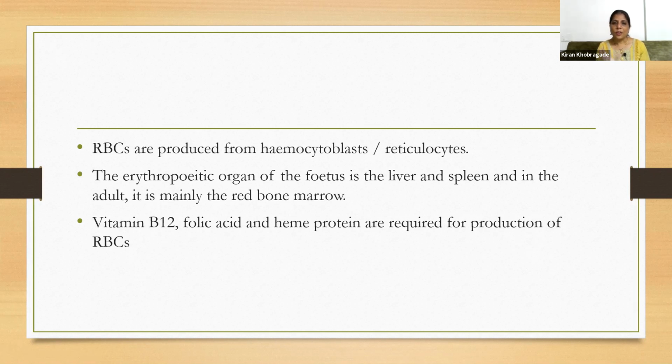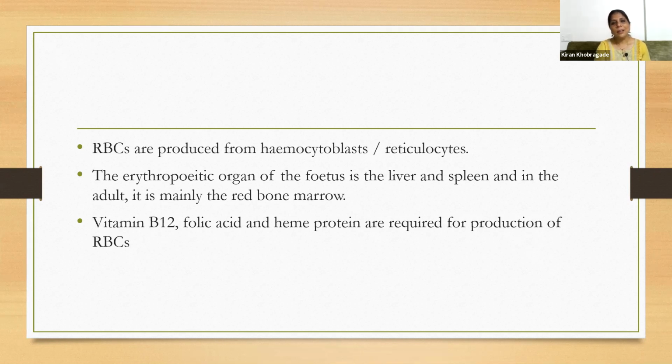In the early stage of gestation, that is early pregnancy, the yolk sac forms the major erythropoietic organ. Later, in the 3rd to 4th month of pregnancy, RBCs are formed in the liver and spleen.